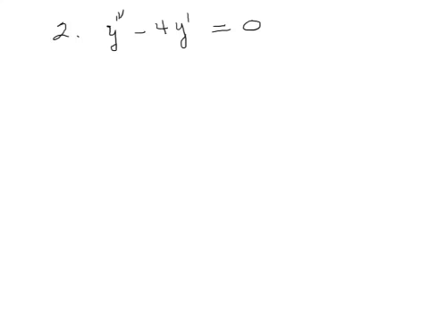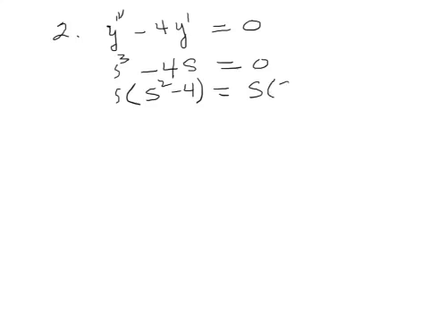So for the y triple prime, the auxiliary equation is s cubed minus 4s equals 0. So this we can factor out an s and get s times s squared minus 4, which can be further factored into s plus 2, s minus 2 equals 0.